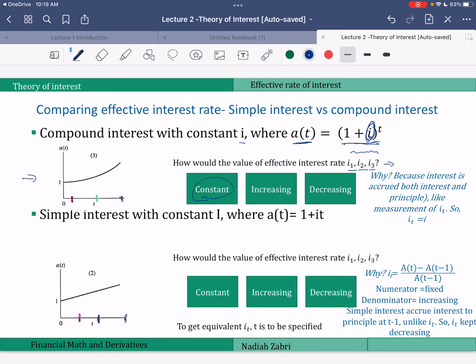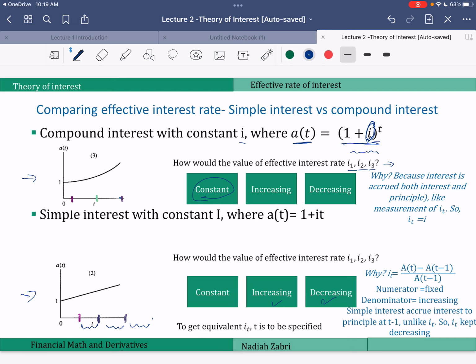But for this scenario, if we want to find the effective rate of interest for the second year, the third year, the fourth year, it's not going to be a constant. It's going to be either increasing or decreasing. We will find out later.